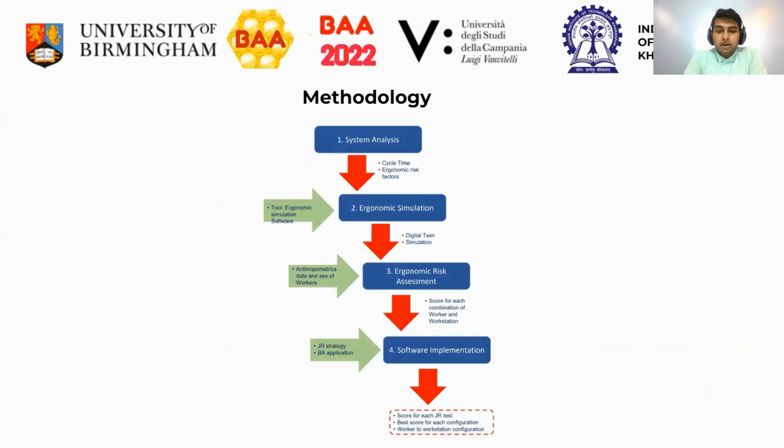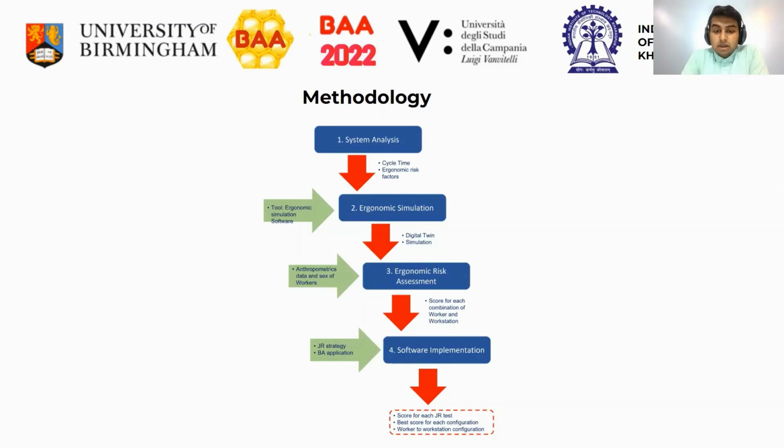So the research framework for our research is, in the first step, we do the system analysis, in which we find the cycle time of each task and ergonomic risk factors which contribute to the WMSDs. Then, with the help of simulation and the data obtained from system analysis, we do the ergonomic simulation. From this, we get digital twin and simulation.